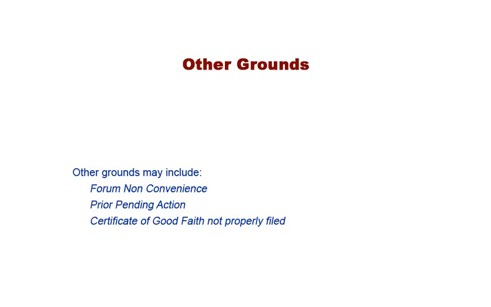Other grounds. There may be other grounds on which a party can ask for a dismissal. These grounds can include, but are not limited to, forum non conveniens, meaning it is more appropriate for another court to hear the case; prior pending action, meaning a case between the parties on the same matter is already happening; or in a medical malpractice case, the certificate of good faith not being properly filed, as required by Connecticut General Statute, section 52-190a.